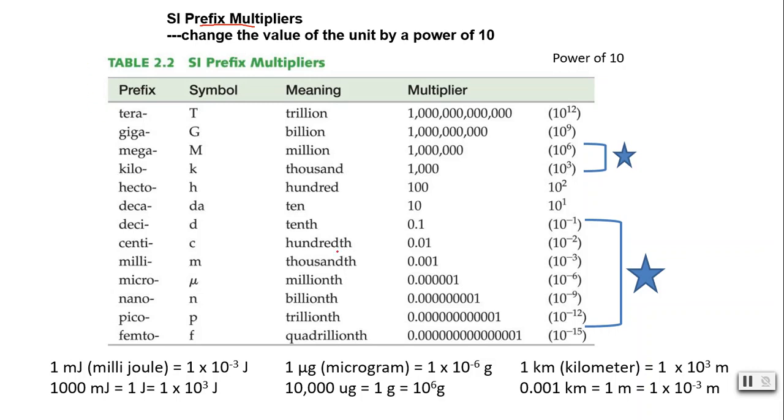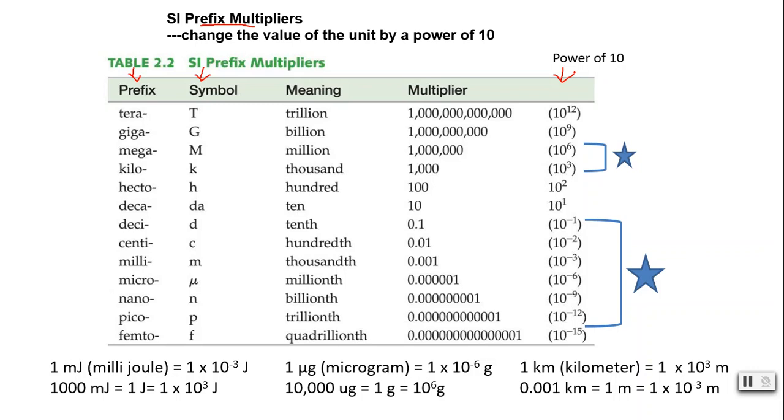So let's take this apart a little bit and get the information that we need. This table lists the appropriate prefix, symbol, and power of 10 associated with each multiplier. I think the most important parts of this chart are the actual prefix, symbol, and the power of 10.